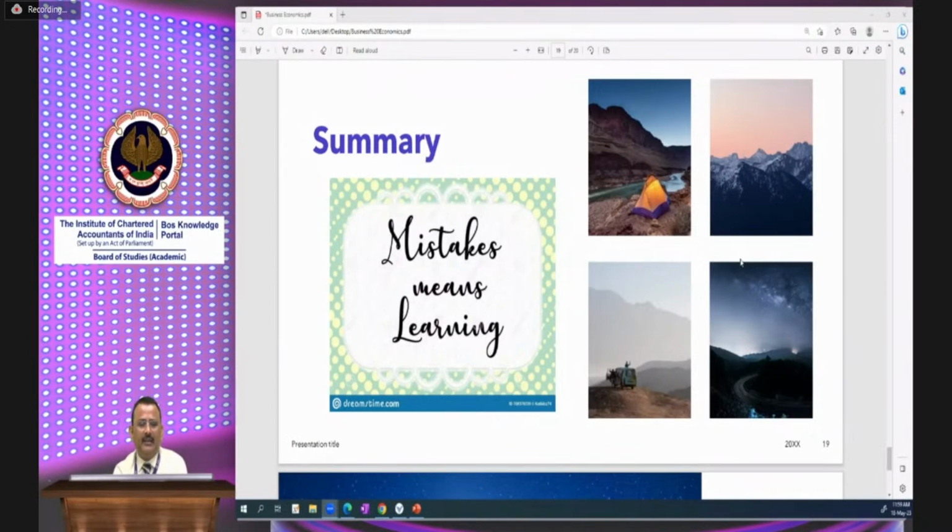In summary, I just want to tell you that if you are making mistakes, it means you are learning. Mistakes mean learning. Nobody is perfect in this world and nobody knows everything. While learning, if you are making mistakes, you are at least making an attempt to learn, and that is basically the mantra for success.